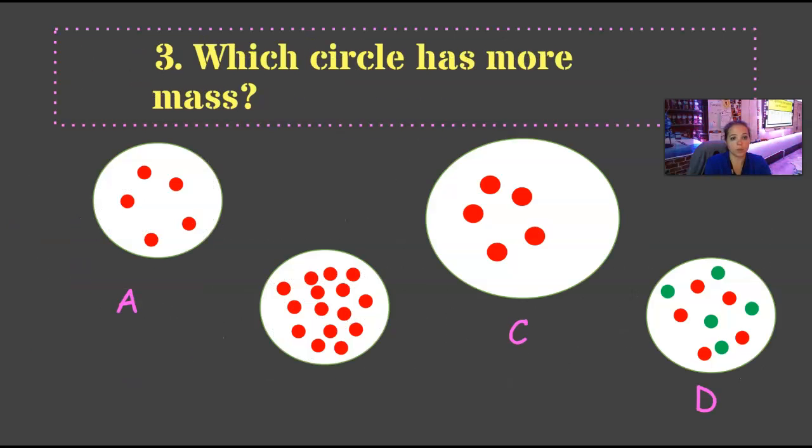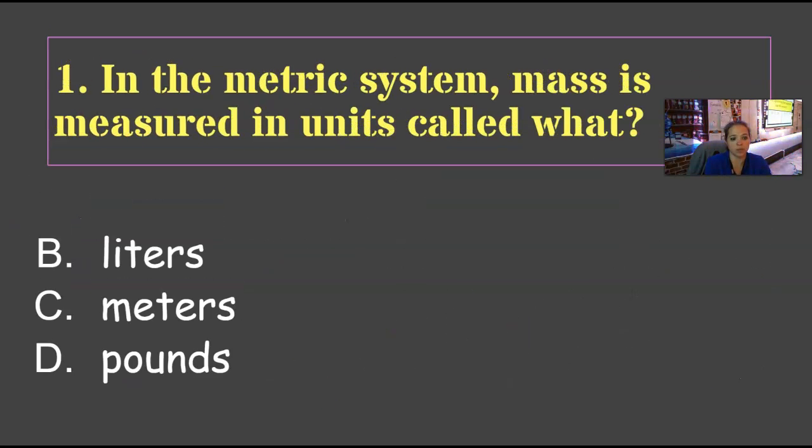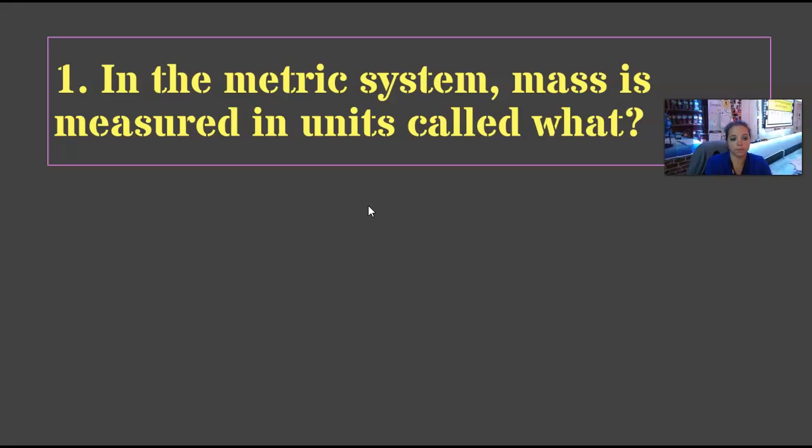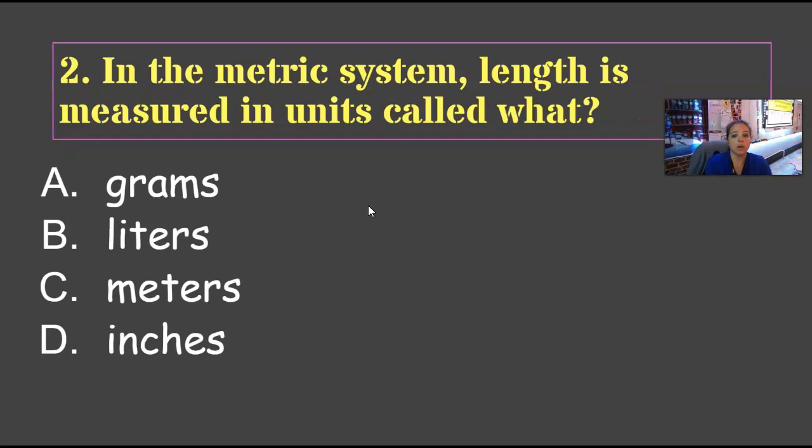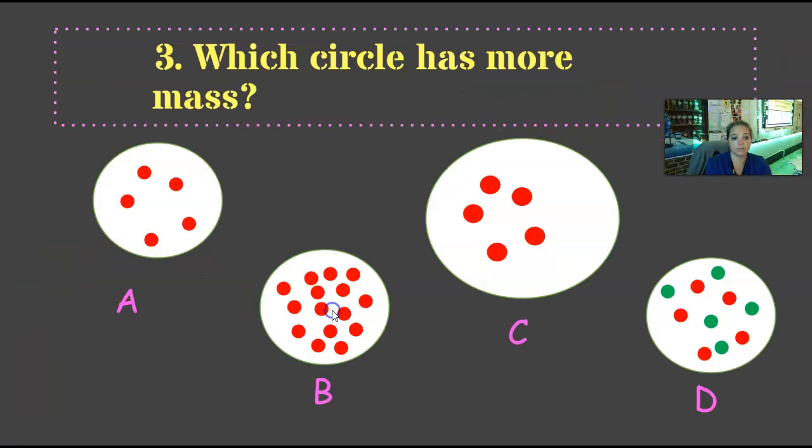All right, so I'm going to go back and I'm going to tell you the answers to this. So in the metric system, mass is done in grams, so you should have had A. Number 2, length in the metric system is in meters, or C. Which circle has more mass, has more in it?